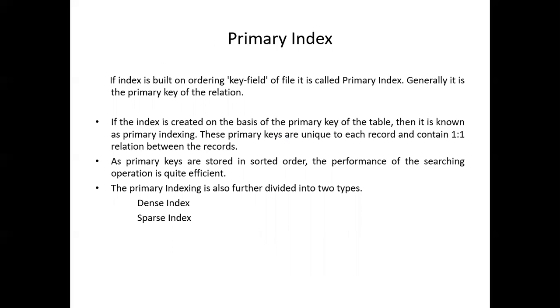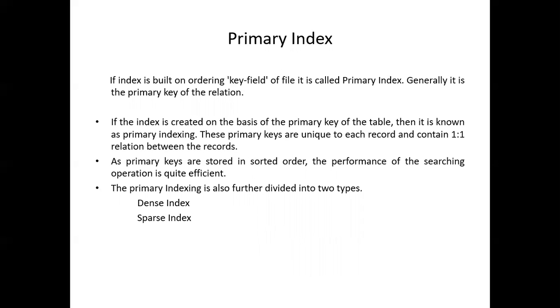Primary index. If an index is built on the ordering key field of a file, it is called a primary index. Generally, it is the primary key of the relation. If the index is created on the basis of the primary key of the table, then it is known as primary indexing.